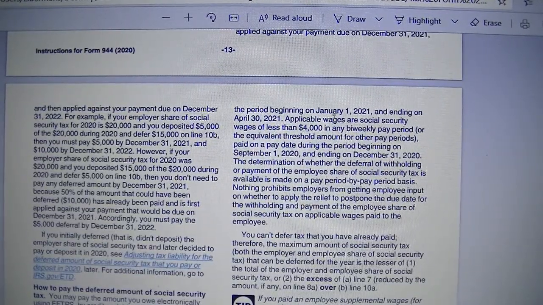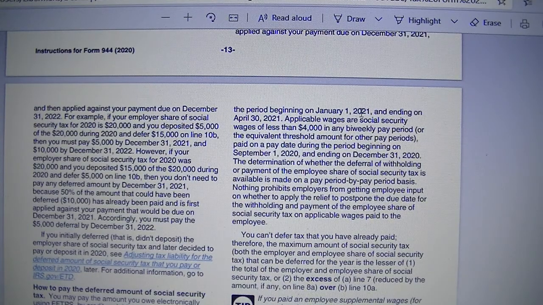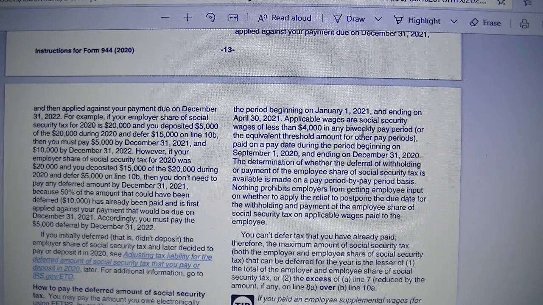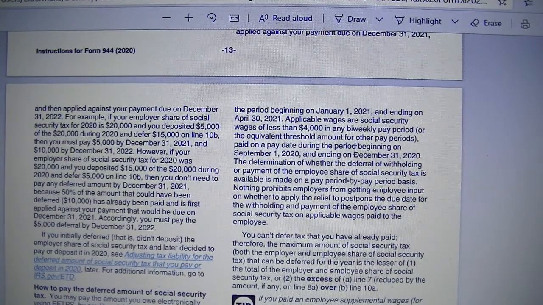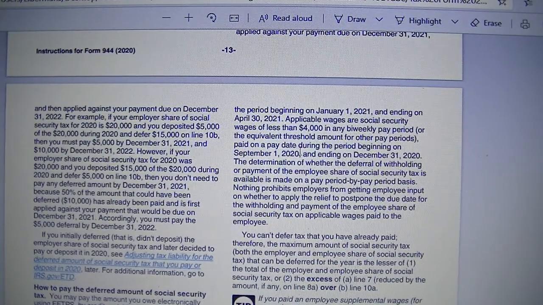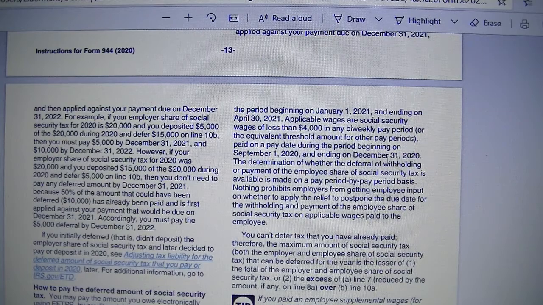So the period beginning January 1st, 2021 and ending April 30th, 2021, applicable wages and Social Security wages of less than $4,000 in any bi-weekly pay period, or the equivalent threshold amount for other pay periods, on a pay date during the period beginning September 1st, 2020 and ending December 31st, 2020. So anyway, you can defer tax that you have not already paid.